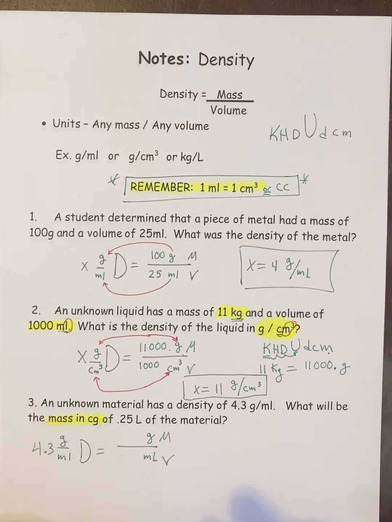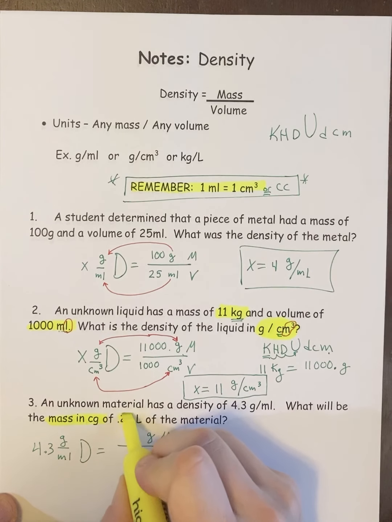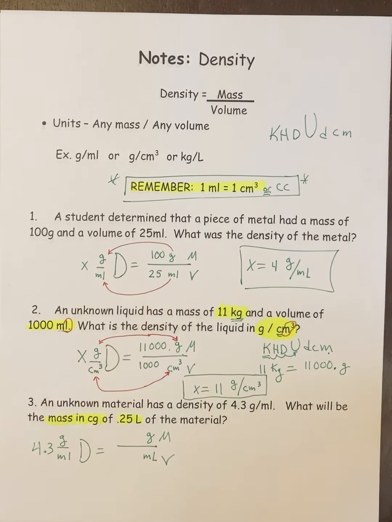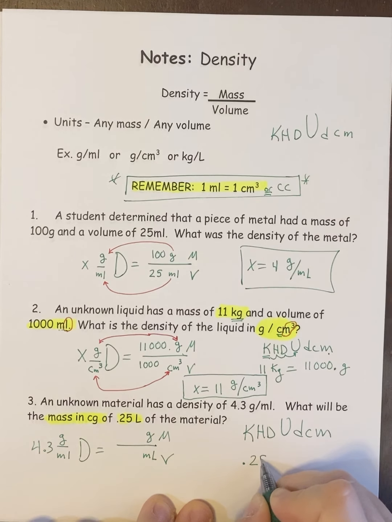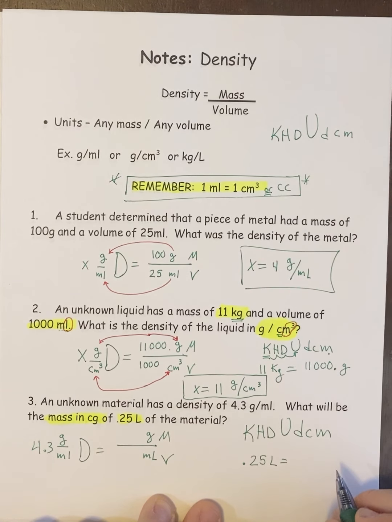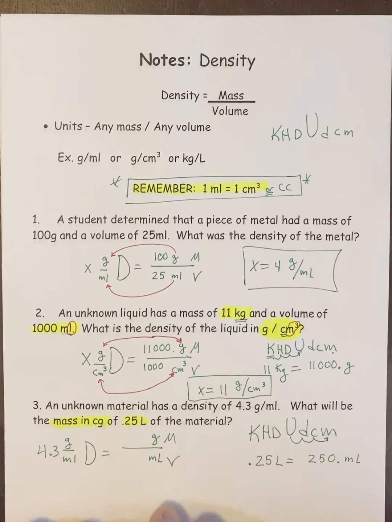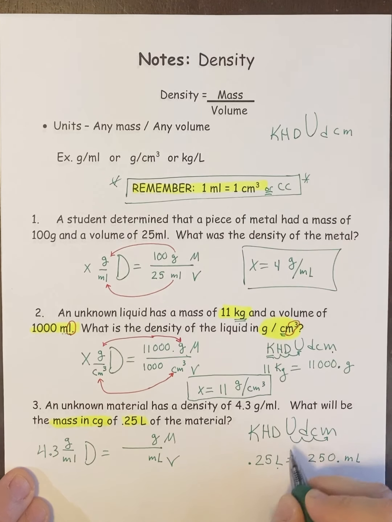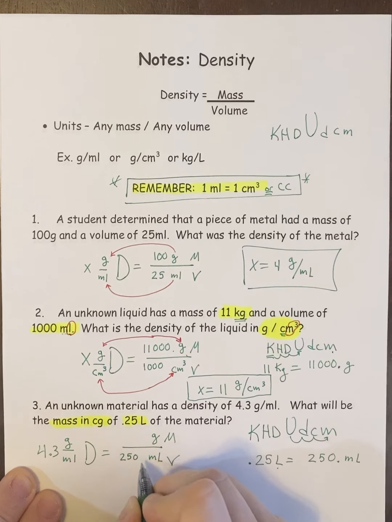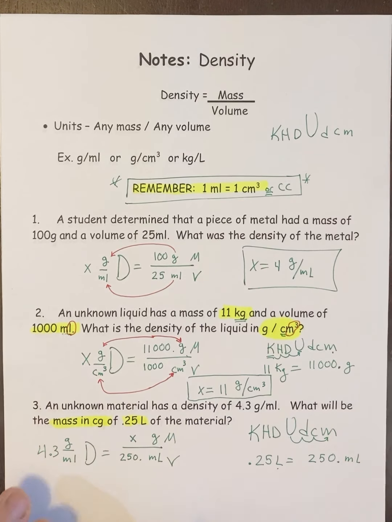And then they give me the volume in liters. So if I use King Henry's daughter, 0.25 liters will become 250 milliliters, because I have to go 3 to the right in order to do that. L is liters is the unit and milliliters is the M. And so I can put 250 here, and then I can solve for my mass.